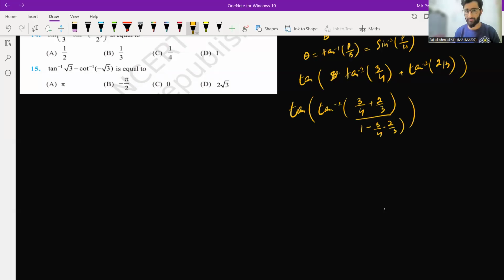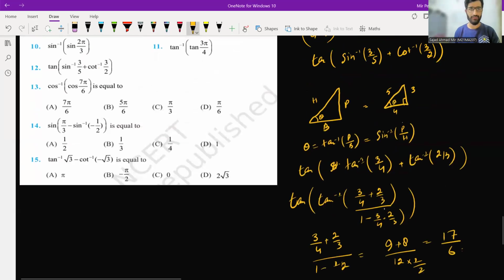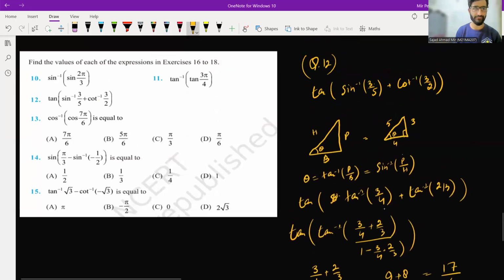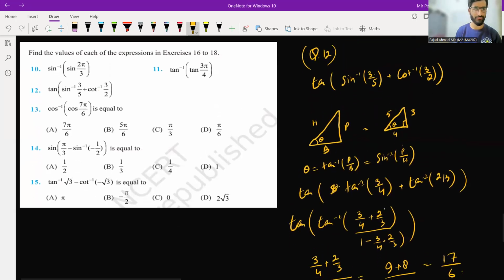So after simplification, we get 3 by 4 plus 2 by 3 divided by 1 minus 1 by 2, which is 9 plus 8 divided by 12 into 1 by 2, which is equal to 17 by 6. So 17 by 6 is the answer for question number 12.